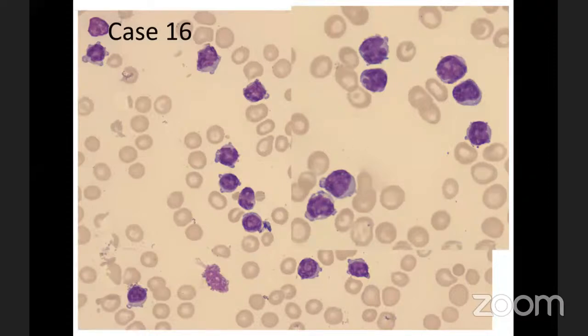What do you think? It is very diagnostic from the morphology.